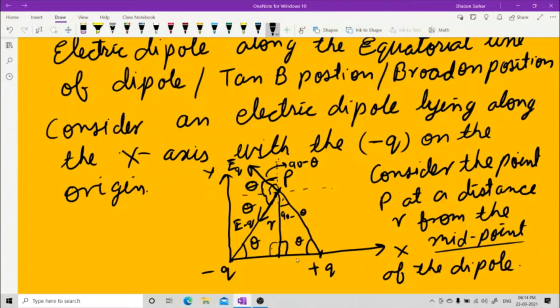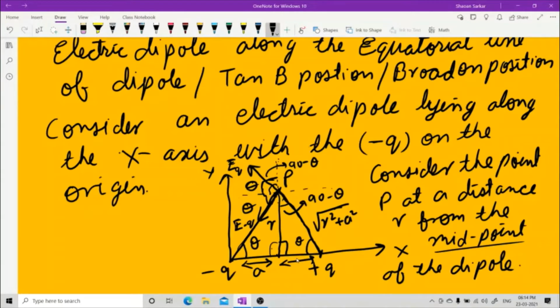Now see one thing. This is r, this much is a, because the total length is 2a. By Pythagoras, this is 90 minus theta, let me write it clearly. This line, using Pythagoras, becomes square root of r square plus a square.